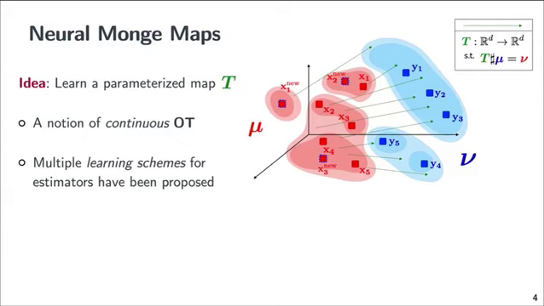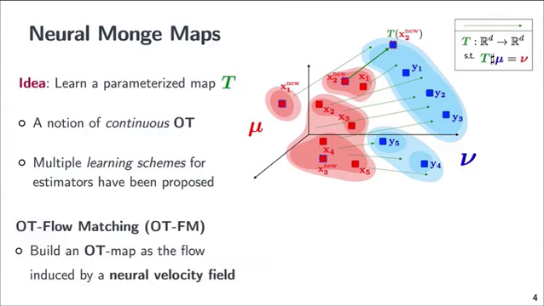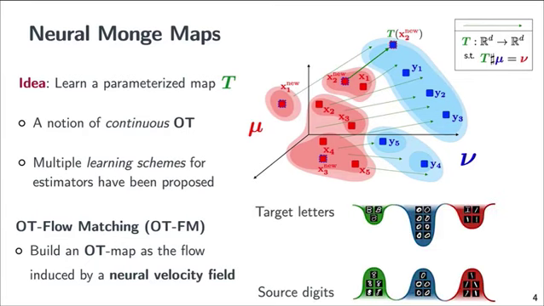This then provides you with a functional mapping that you can, for example, apply to unseen data points, which you can then translate, giving you a notion of continuous optimal transport. Over the last years, multiple learning schemes for neural Monge maps have been proposed. One of them, for example, is OT flow matching, where the idea is to build an OT map as the flow induced by a neural velocity field.